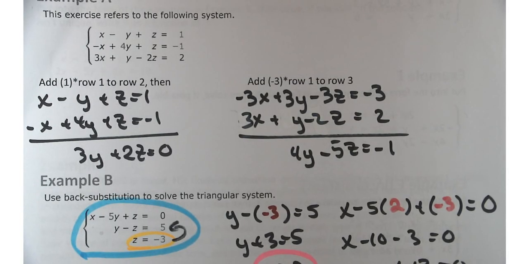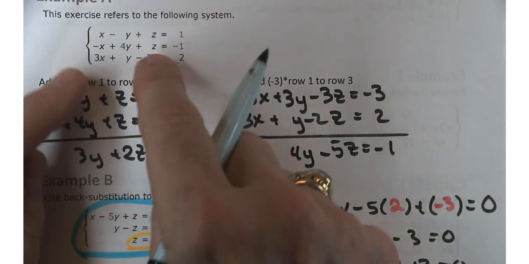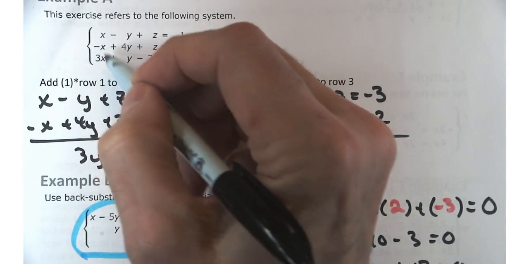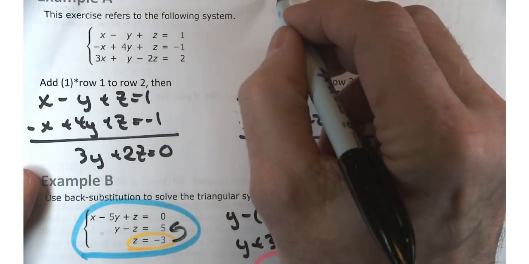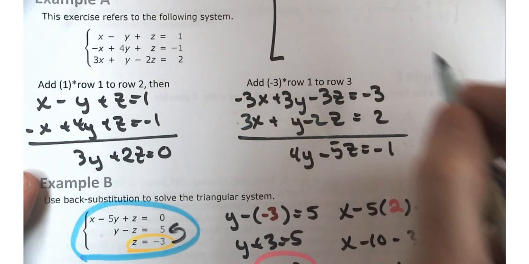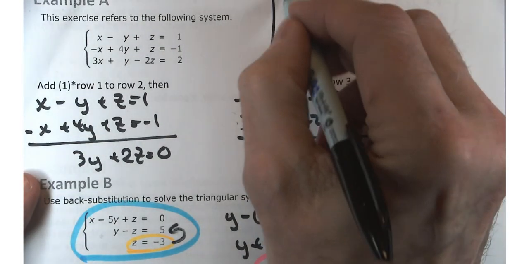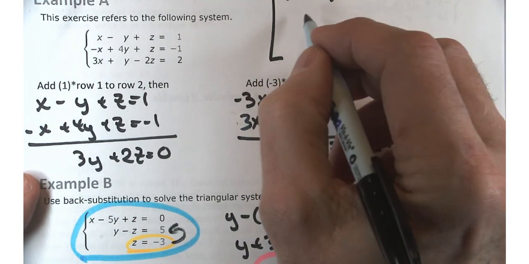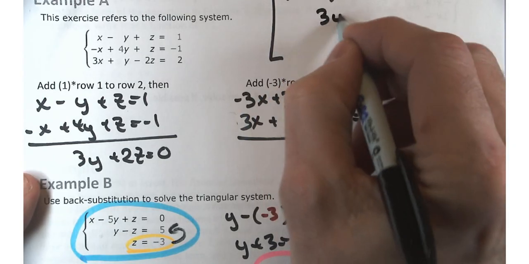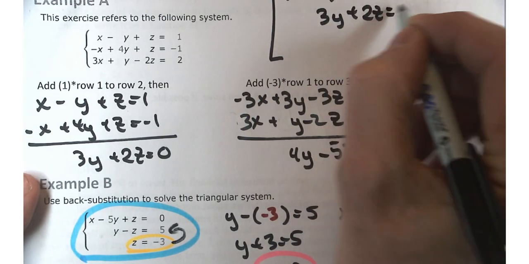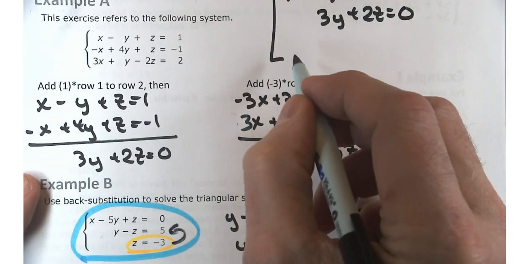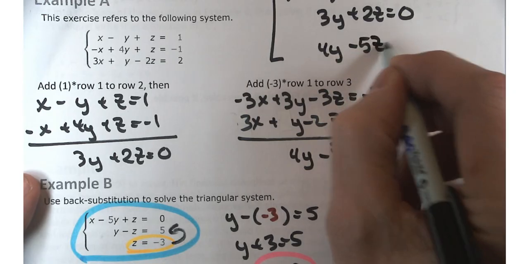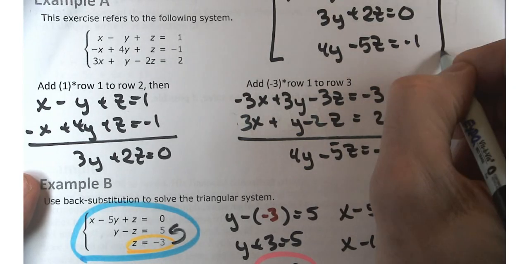Perfect. Now, what I've done, with your help, is to replace these two terms with a 0. So my new system of equations looks like this. x minus y plus z equals 1, and then 3y plus 2z equals 0, and finally 4y minus 5z equals negative 1.